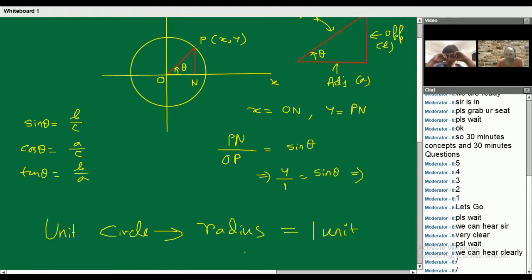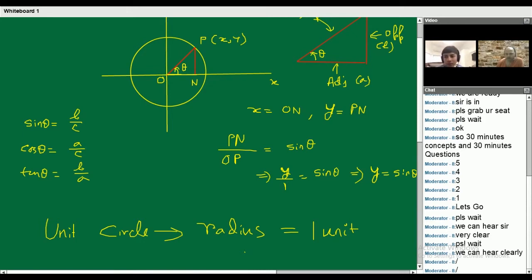Y equals sine theta, right? First of all, this is y.